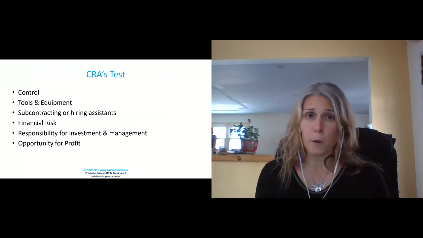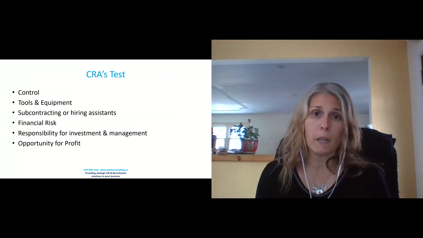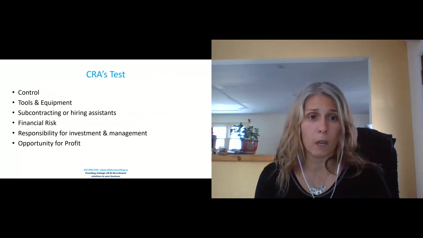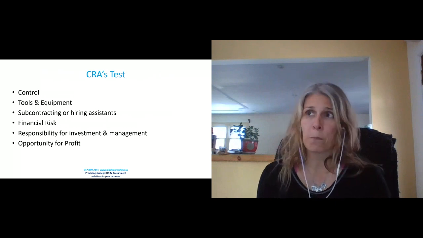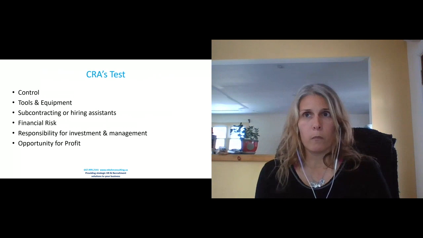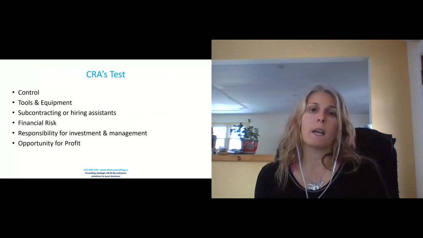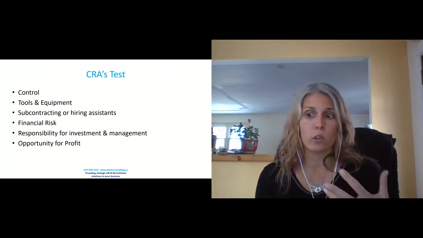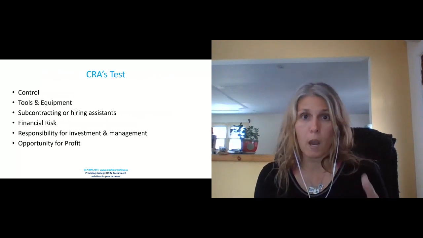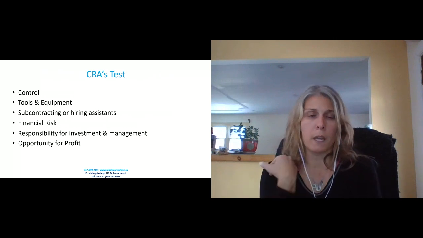You're going to be in the office from Monday to Friday, 8 a.m. to 5 p.m. This is what you're going to do, and this is how much I'm going to pay you for it. When it's a subcontractor, there's a little bit more control on the subcontractor side. You know, when I work for my clients, I determine the days of the week that I work and work on the hiring of that person for my client.